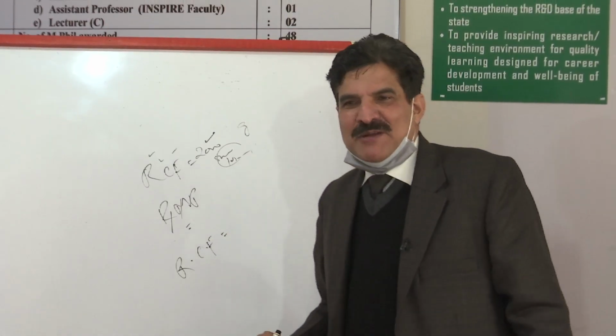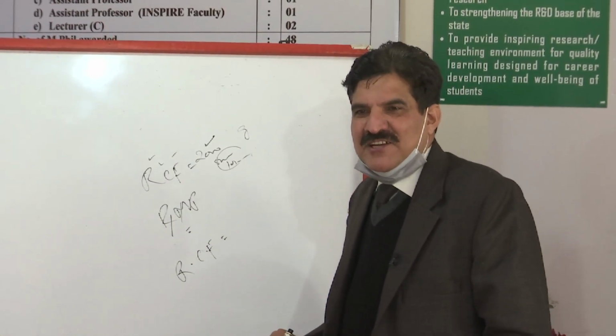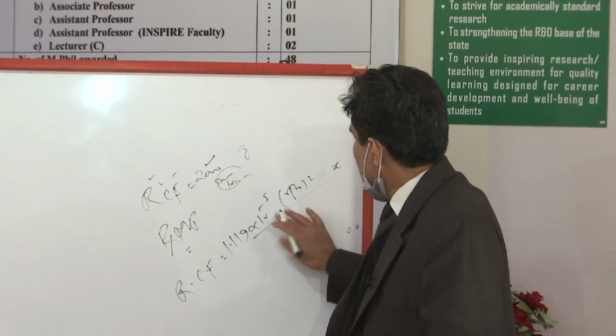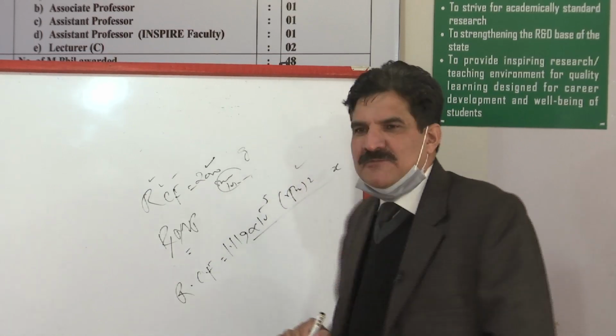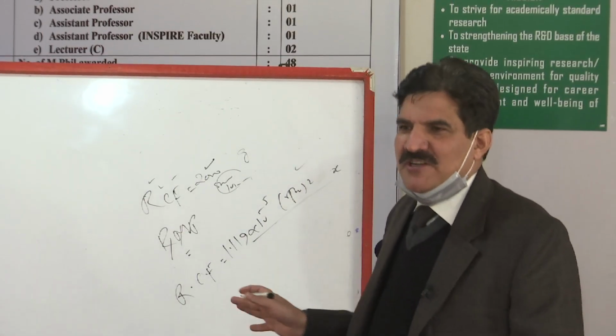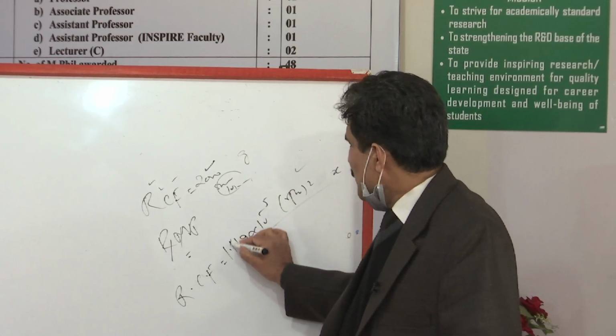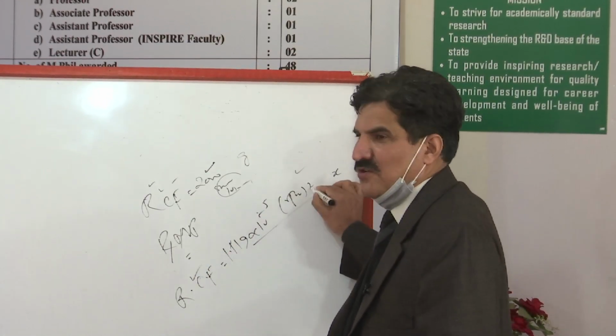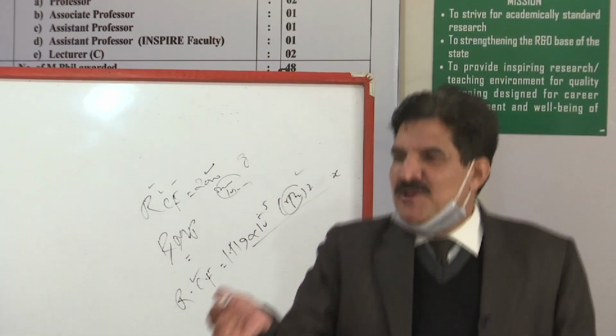You are not capable of remembering it because it is very tedious. So that is 1.119 into 10 to the power minus 5, into RPM whole square, into omega square into x, divided by... That is all the value you need to remember here, because I have converted from that. This value you can convert into this value. Only you have to take RPM into consideration.